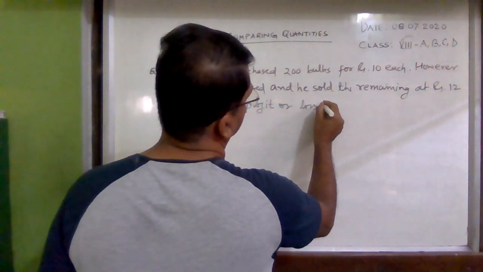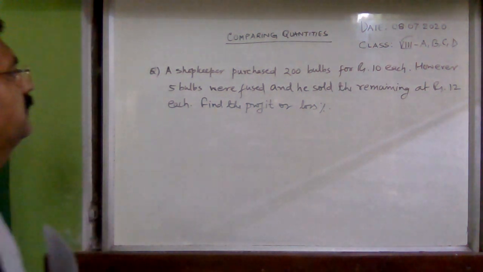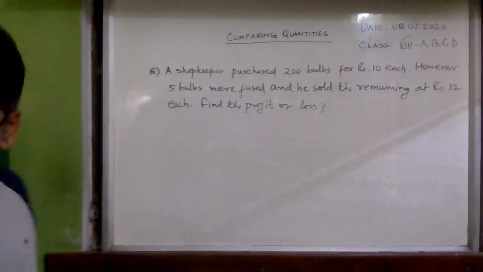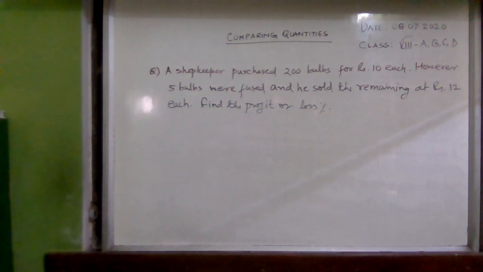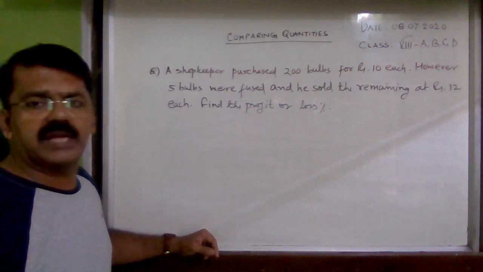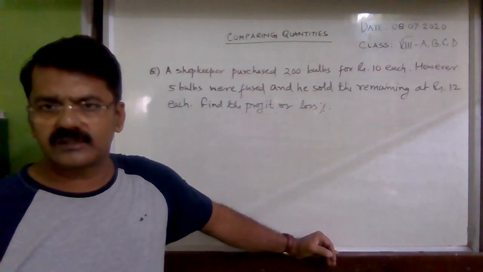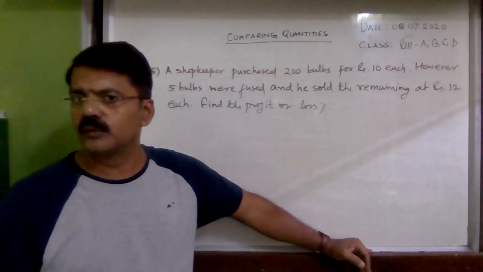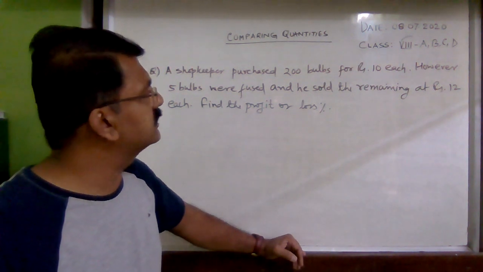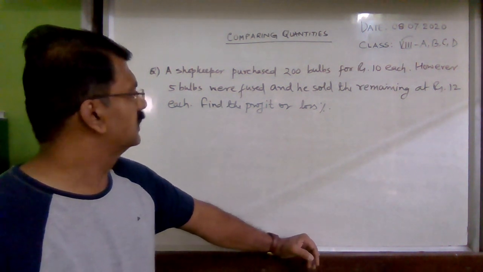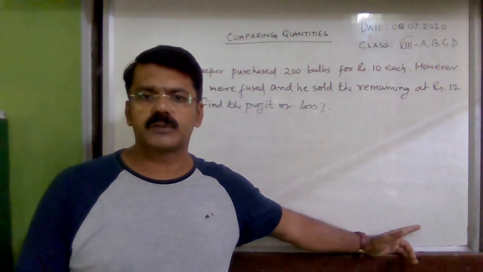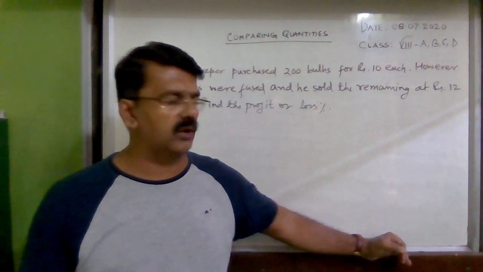A shopkeeper purchased 200 bulbs for rupees 10 each. However, 5 bulbs were fused, means they have to be thrown. You cannot sell fused bulbs. And he sold the remaining at rupees 12 each. So find his profit or loss percent. We have to check whether there is a profit or loss.